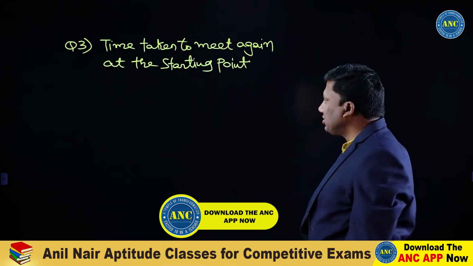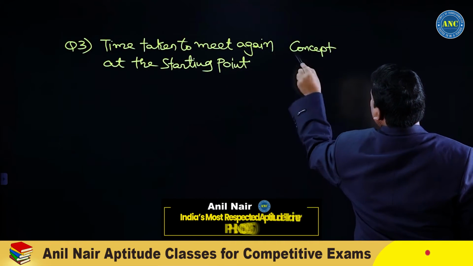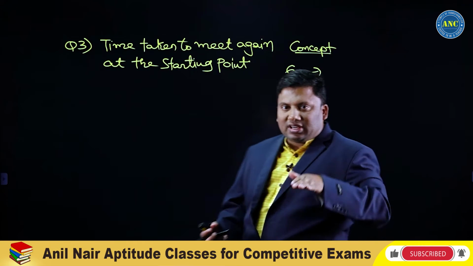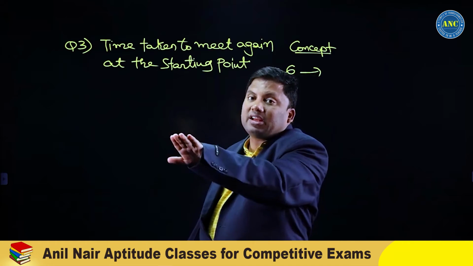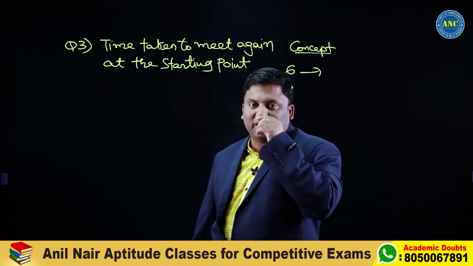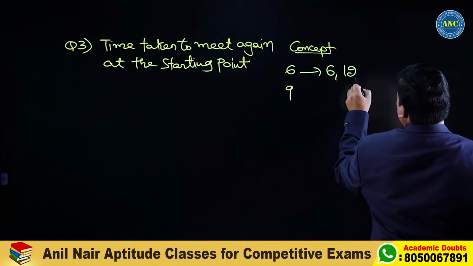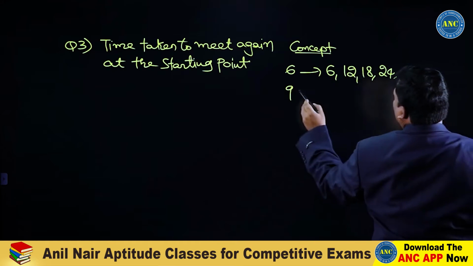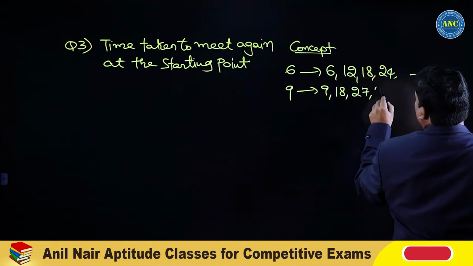See here, sir, the concept. Suppose 6 and 9, two numbers are there. One person is traveling at 6 kilometers per hour, another person is traveling at 9 kilometers per hour. At what point will they both be equal? 6 ones are, 6 twos are, 6 threes are, 6 fours are, and so on. 9 ones are, 9 twos are, 9 threes are, 9 fours are, and so on.